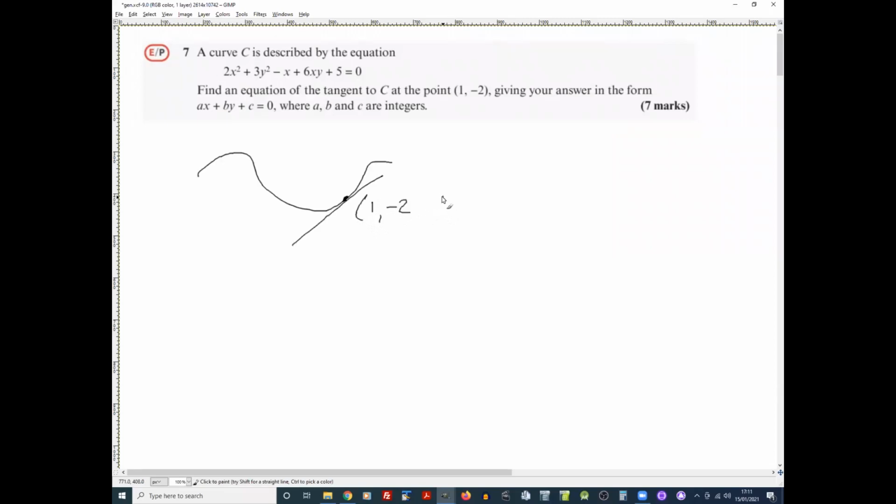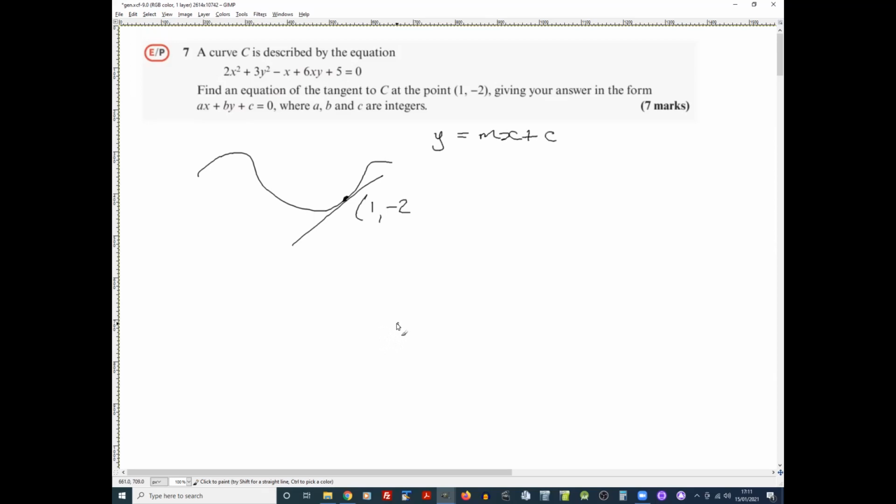Let's find the equation, in the form y equals mx plus c. So what part of the y equals mx plus c shall we look for first?